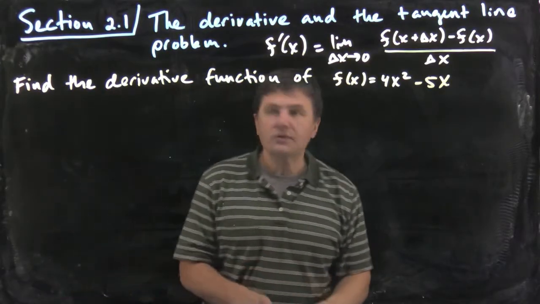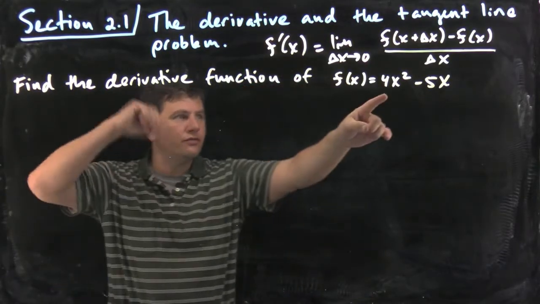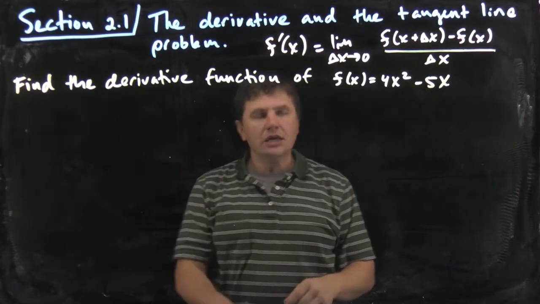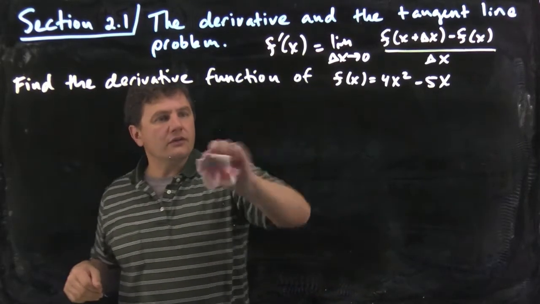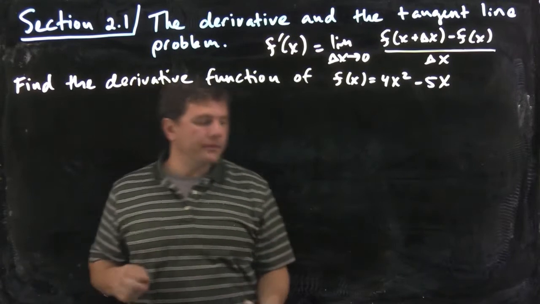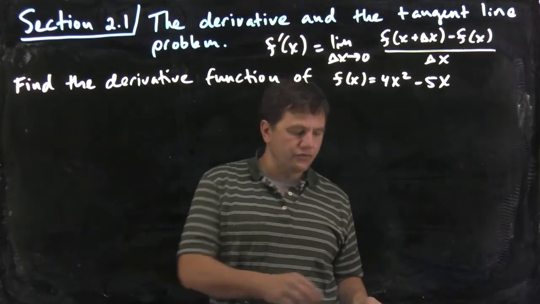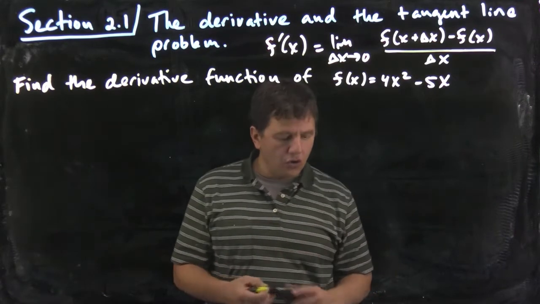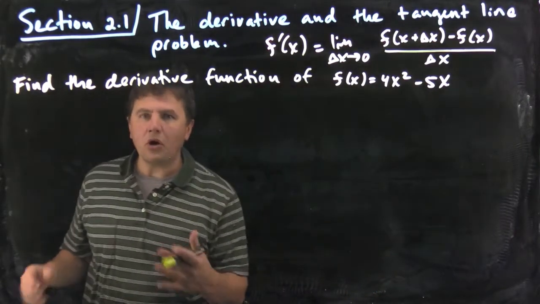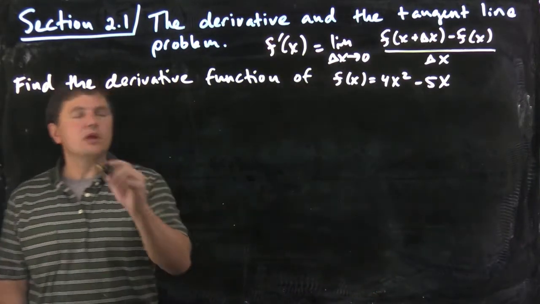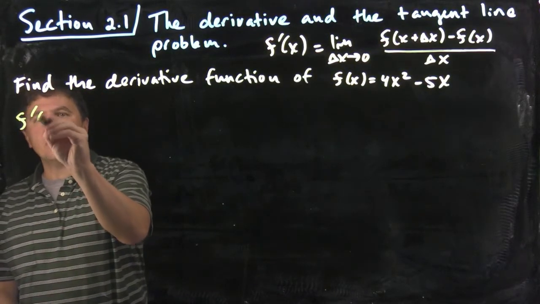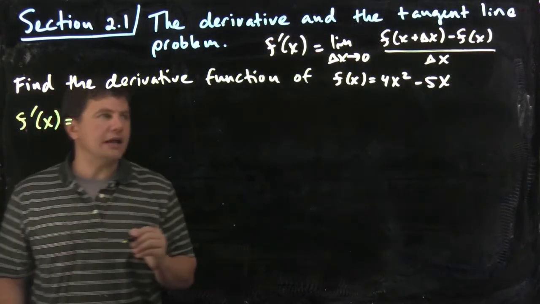Okay, so now we are going to do the derivative function of f of x, which is equal to 4x squared minus 5x. Once again, when we're doing this definition of derivative, it is very important that we show all of the steps, all parts of all the steps. So what we're trying to find is f prime of x.